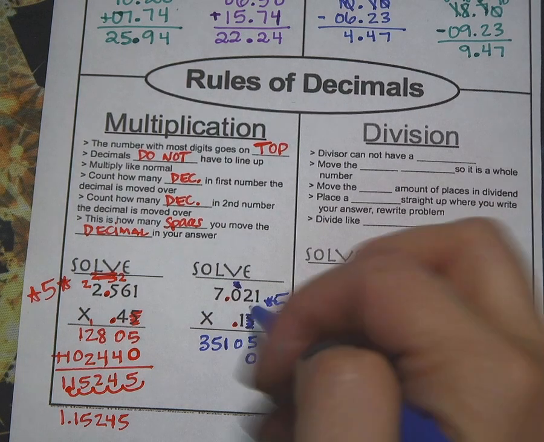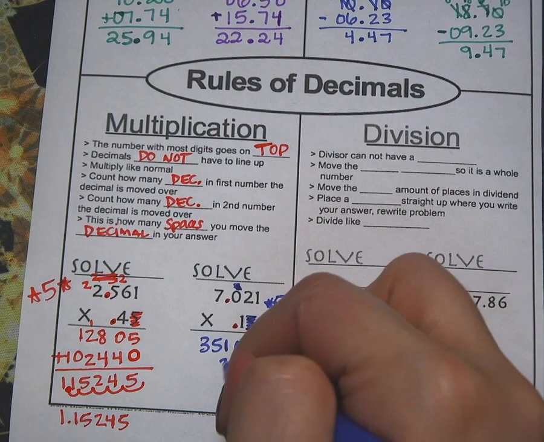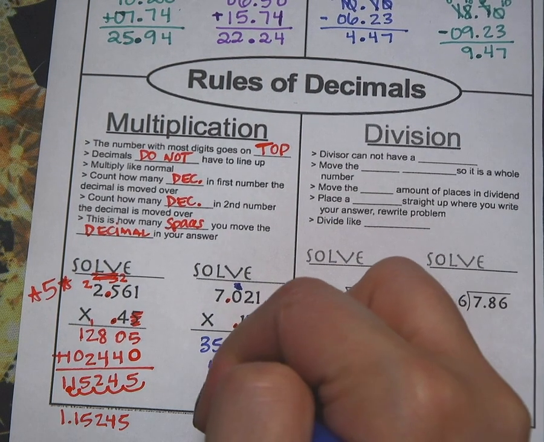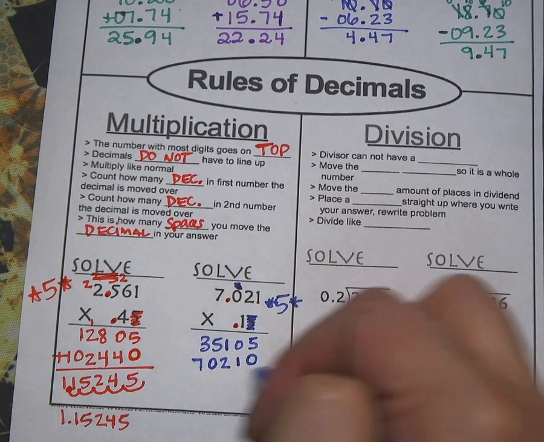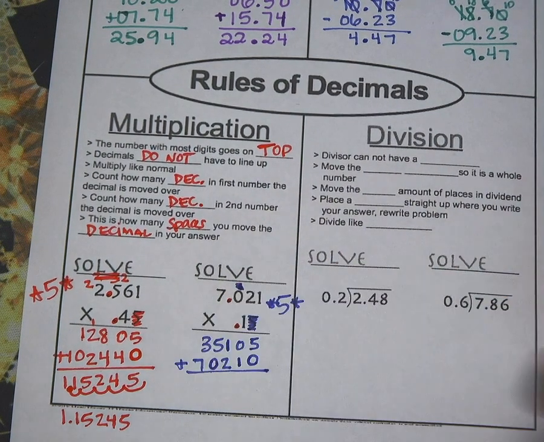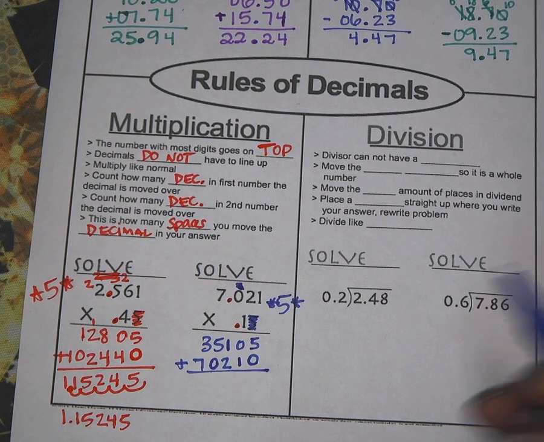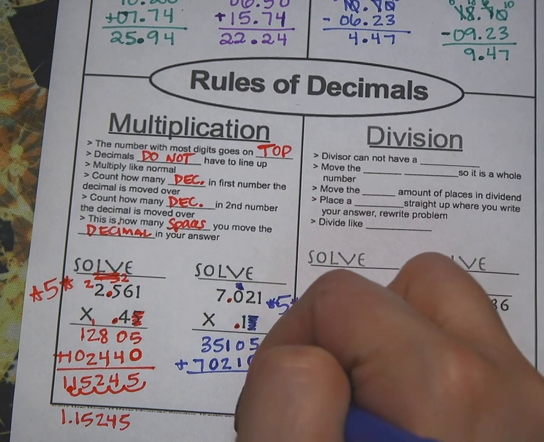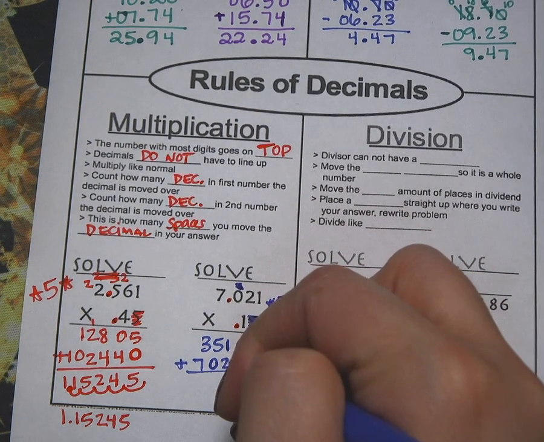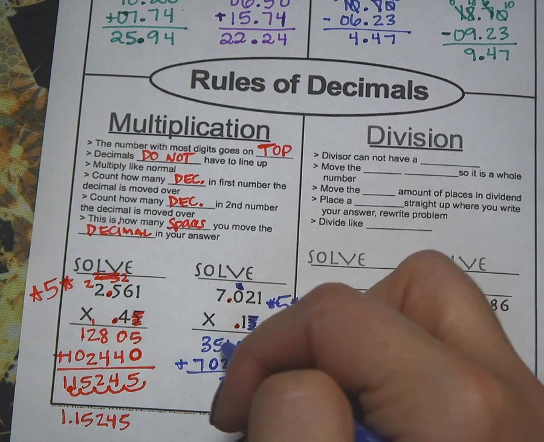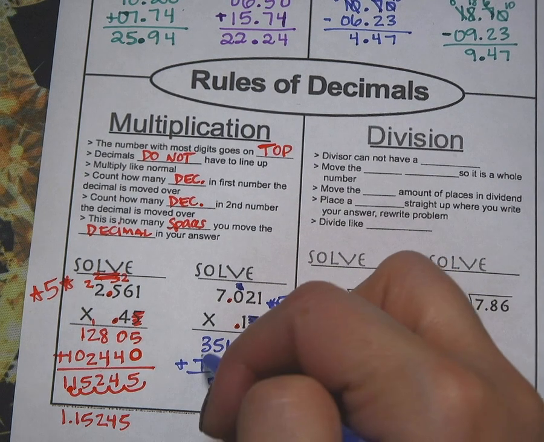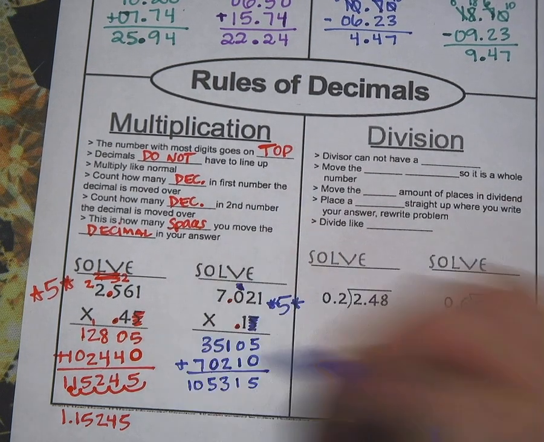Okay, 1 times 1 is 1, 1 times 2 is 2, 1 times 0 is 0, and 1 times 7 is 7. I'm going to add those together. 5 plus 0 is 5, 0 plus 1 is 1, 1 plus 2 is 3, 5 plus 0 is 5, 3 plus 7 is 10.